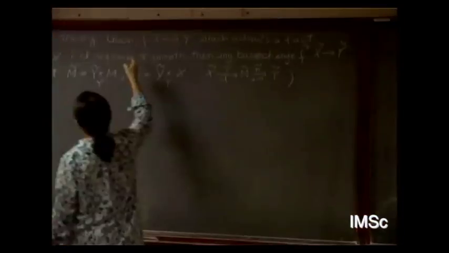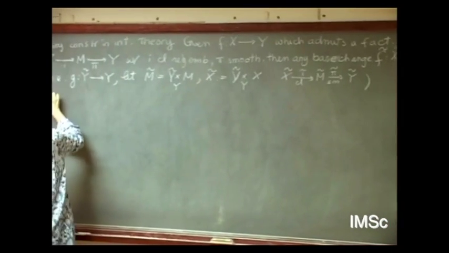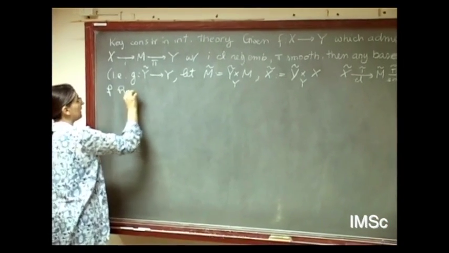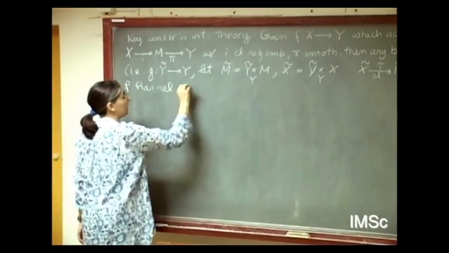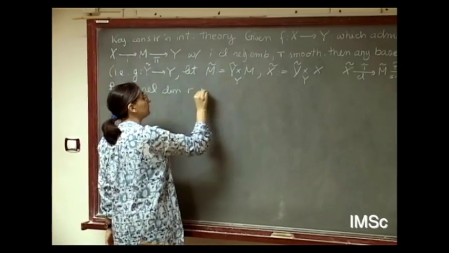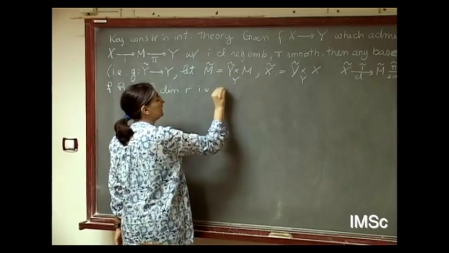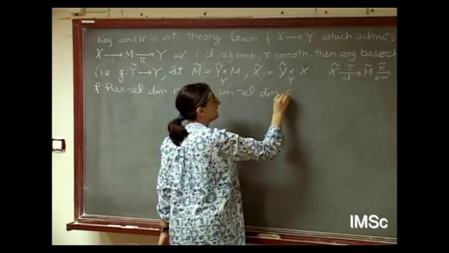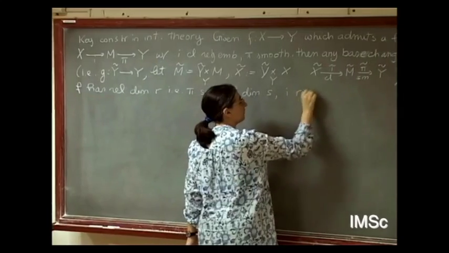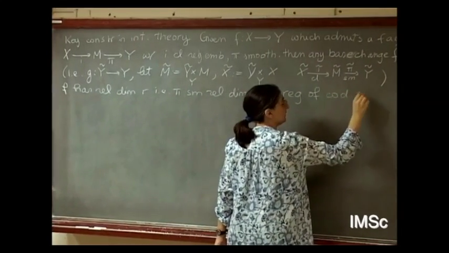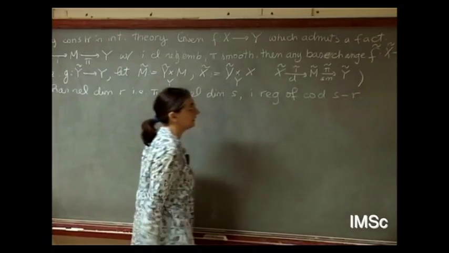And here I am assuming that f has relative dimension r, which means that pi is smooth of some other relative dimension s, and i is regular of codimension s minus r.